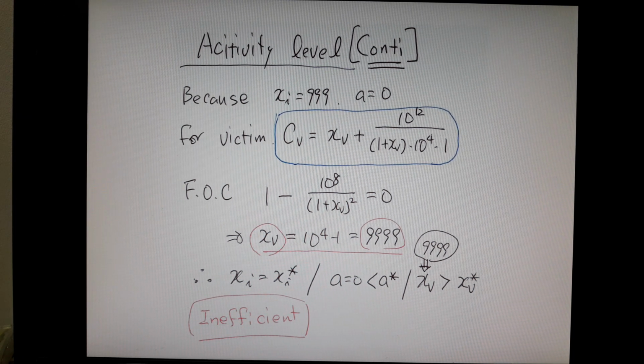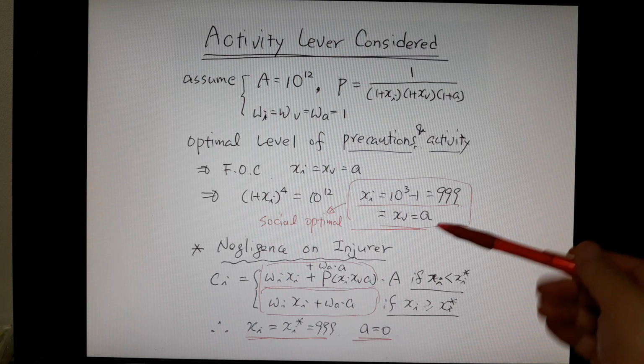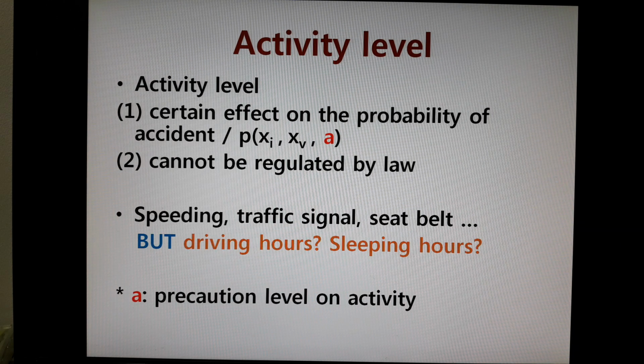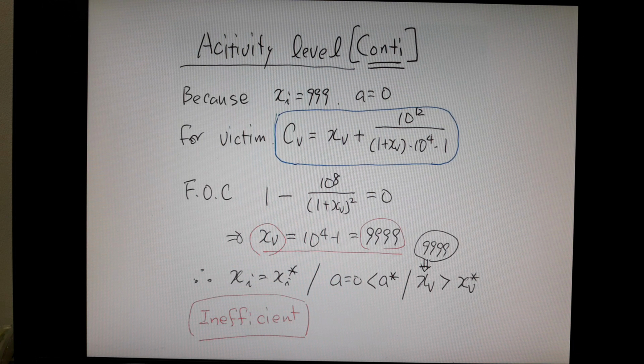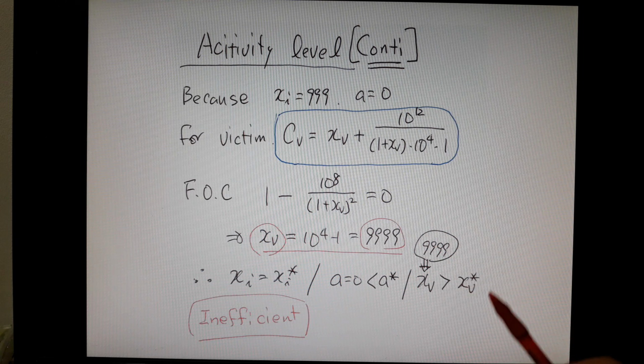What is important is, here XV is much bigger than the optimal level 999. Here, XV should be 999 at optimal, but here I miscalculated, but XV is actually much bigger than 999, so bigger than the optimal level 999.